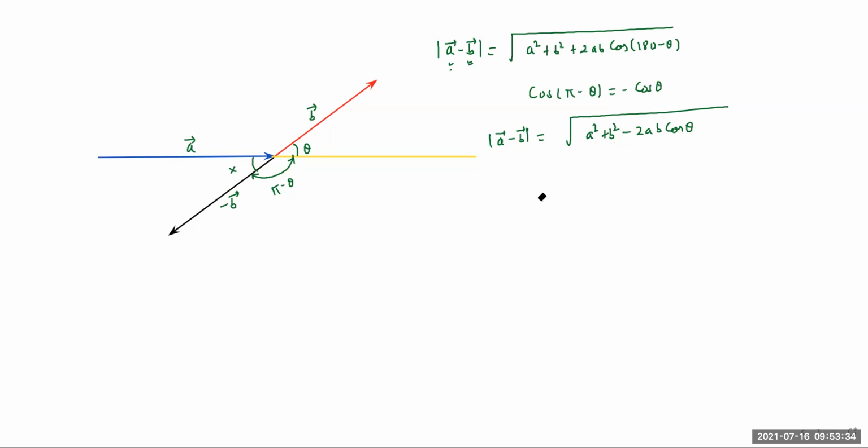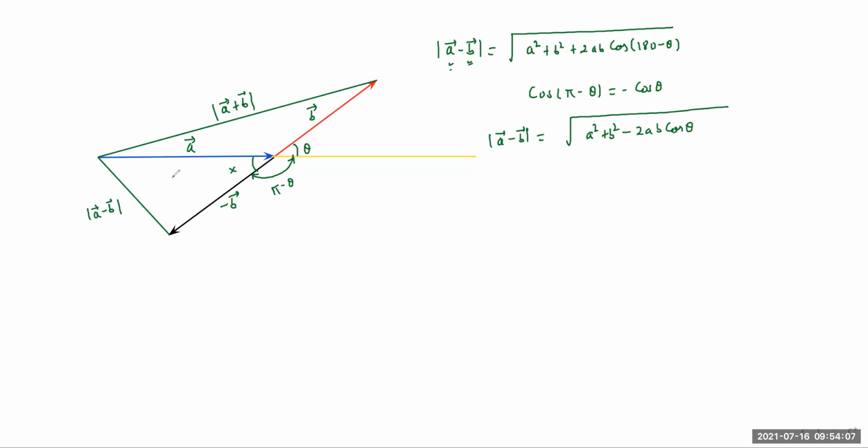This is not as simple as it looks. So this is the resultant of A and B. This is the length of A, and this is the resultant of A and B. This length represents the modulus of A plus B, and this length represents the modulus of A minus B. Okay.